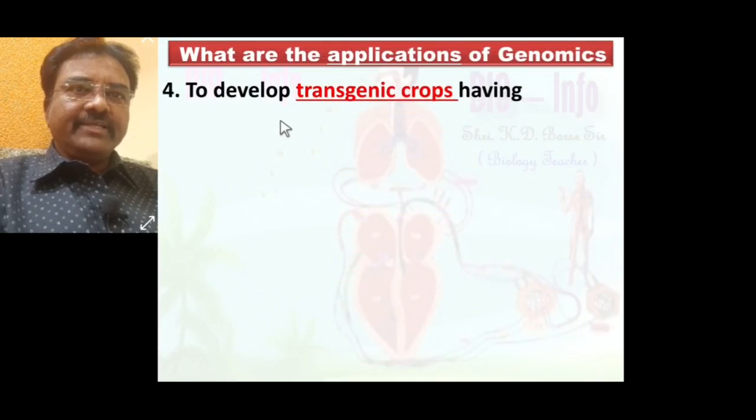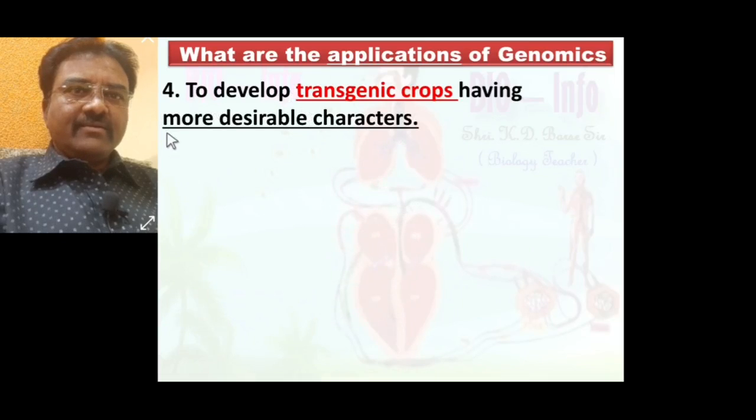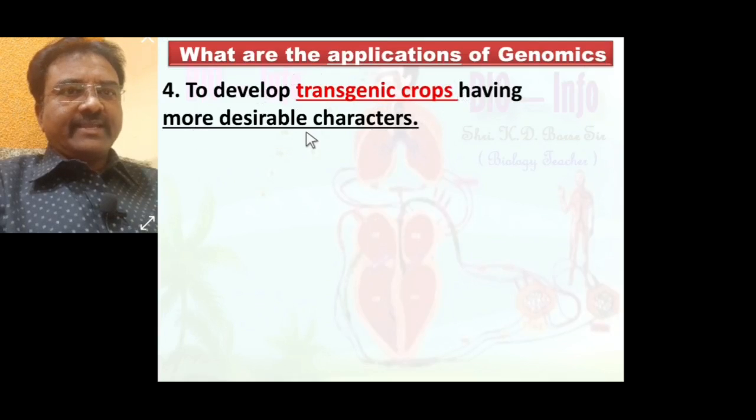The fourth one is to develop transgenic crops having more desired characters.